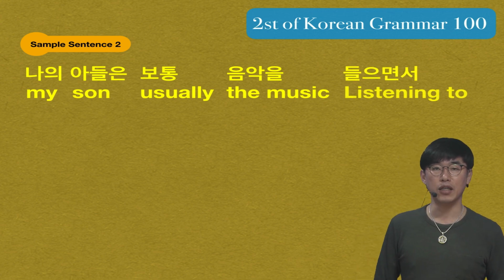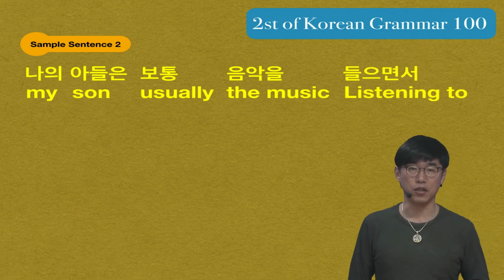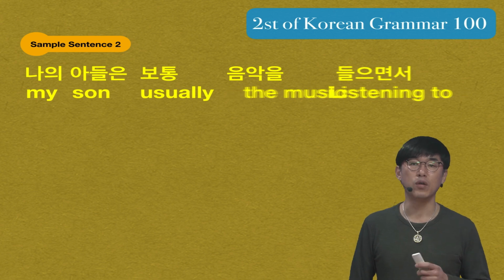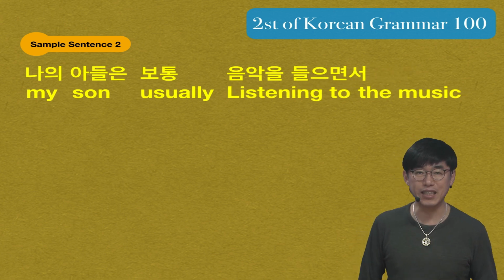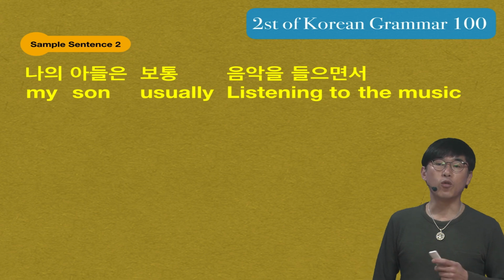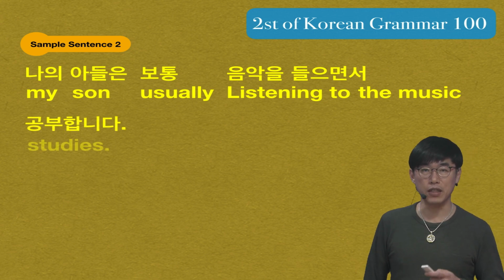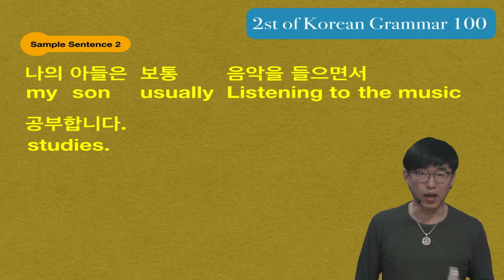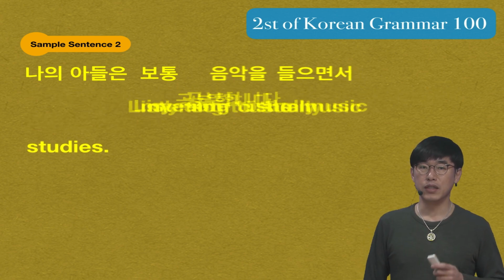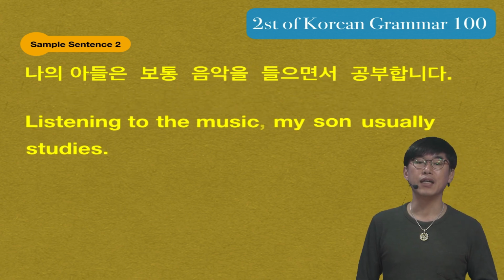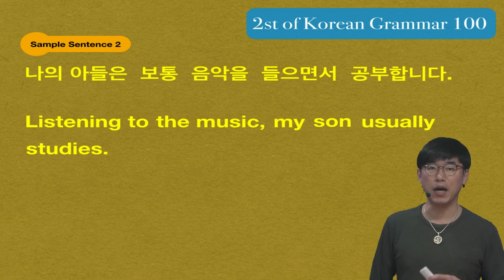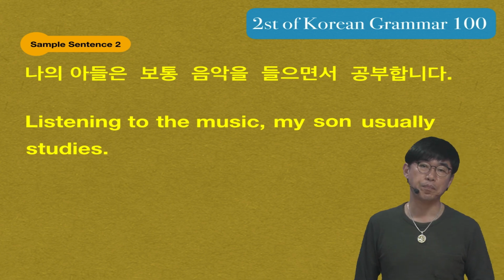And 들으면서 is participial construction which means listening. So 음악을 들으면서 is listening to the music, right? And 공부합니다 is the verb of this sentence, meaning to study. So 나의 아들은 보통 음악을 들으면서 공부합니다. Listening to the music, my son usually studies.